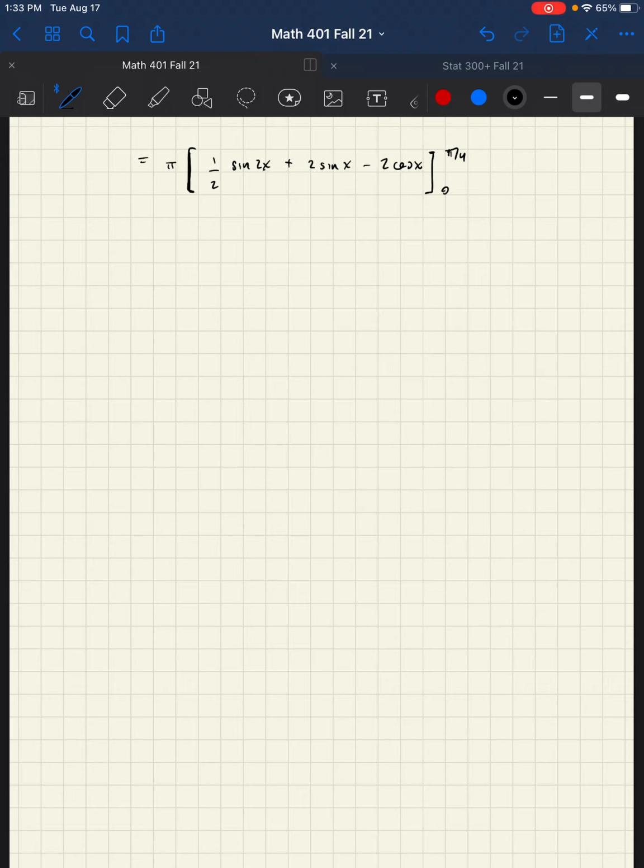Okay, so there's a lot here. We're going to split this up based on pi over 4 and 0. So we got pi of 1/2 sine of 2 times pi over 4, which is just pi over 2, plus 2 sine of pi over 4, minus 2 cosine of pi over 4.